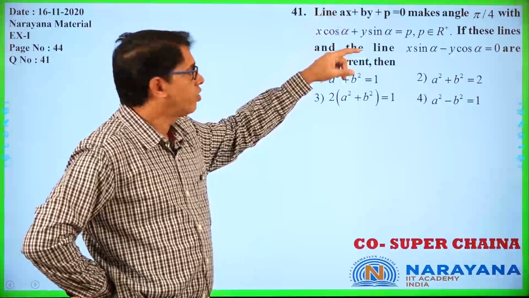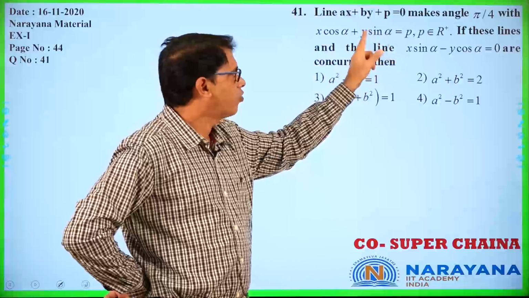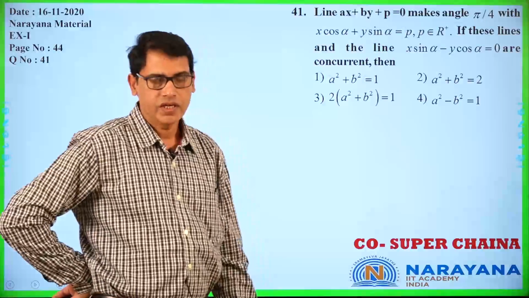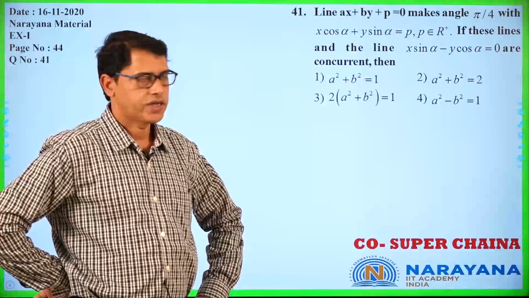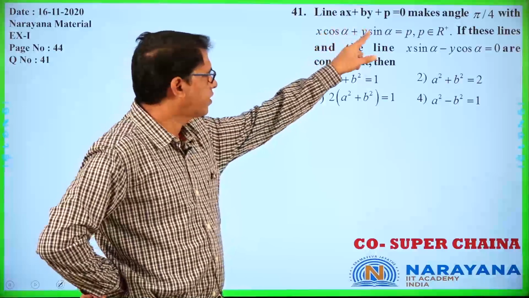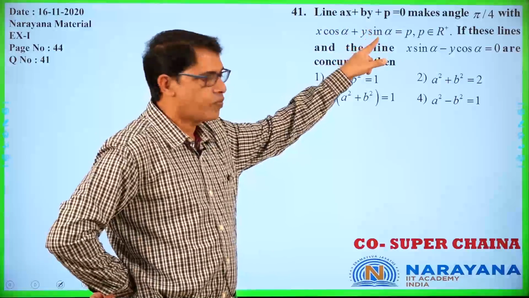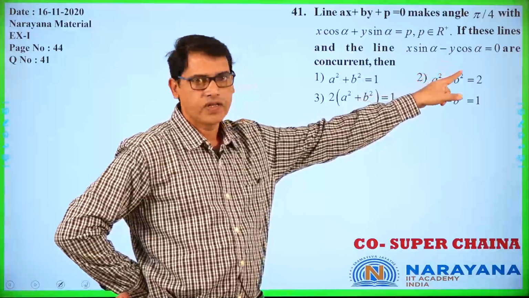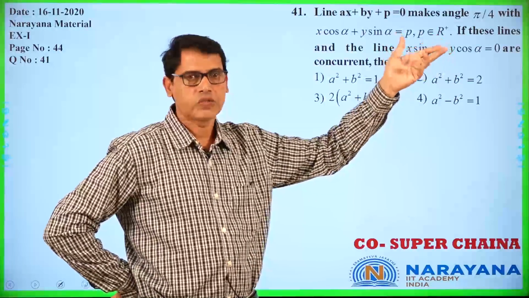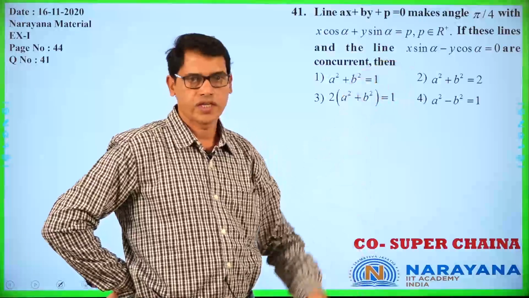Now think about what about these two? Obviously they are perpendicular to each other, because slope of this one is minus cos alpha upon sin alpha, and of this one is sin alpha upon cos alpha. So m1 into m2 equals minus 1. They are perpendicular to each other.